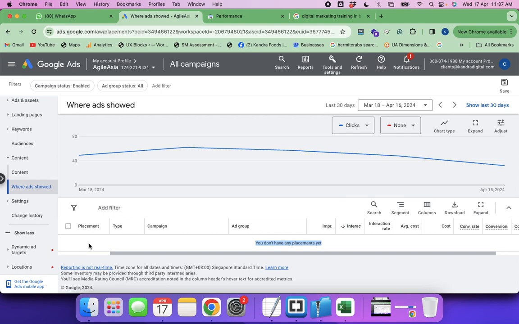Correct? Now that is called placement targeting. If you are picking 100 videos from YouTube to show your ads on, it shows all those 100 videos and on which video your ad was shown most of the times, the CTR, engagement, all the performance related to those websites. Is it really showing? You must have picked to show ad on IRCTC. This section shows if the ad is being displayed on the IRCTC website or not.